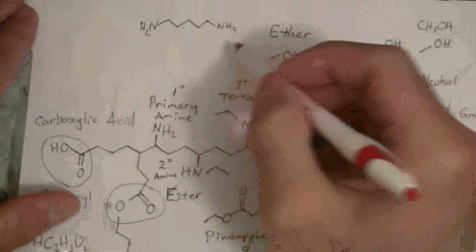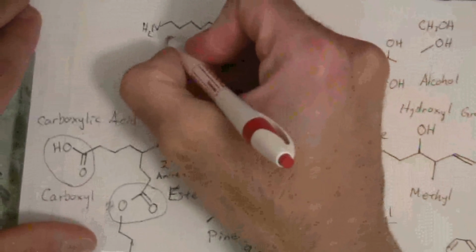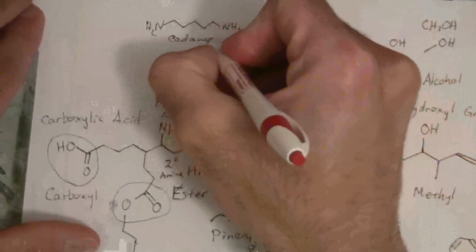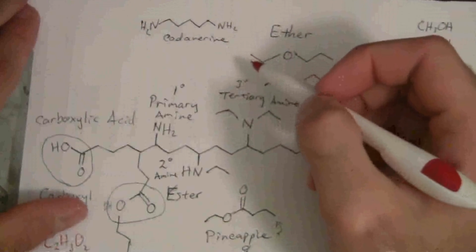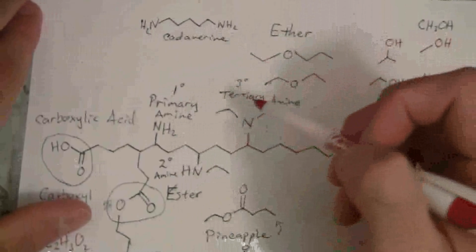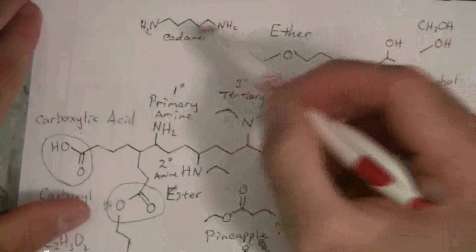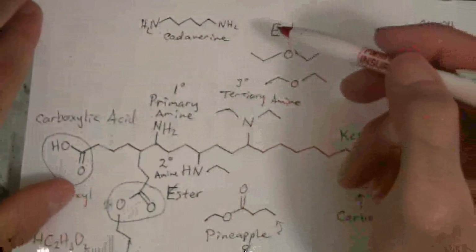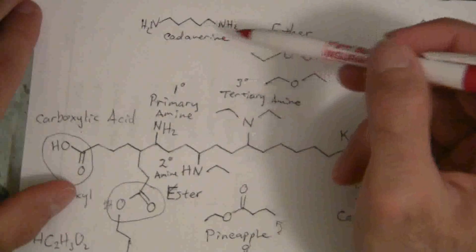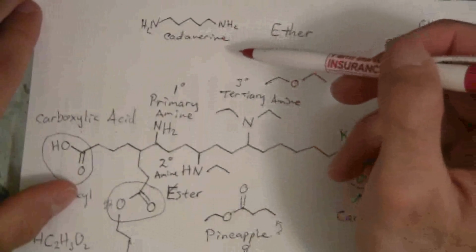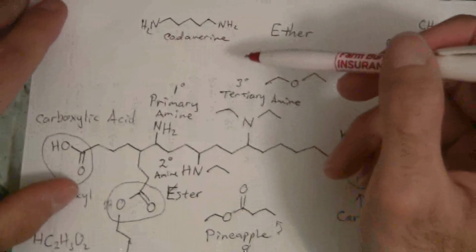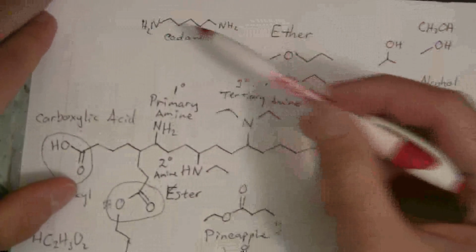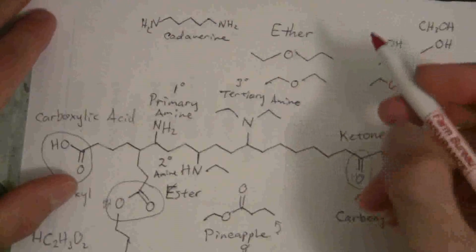Right? Now this molecule is called cadaverine. All right, and there's a good reason for that. As the name implies, this is a compound that is present in cadavers and other decaying animal flesh. A very foul smell indeed.